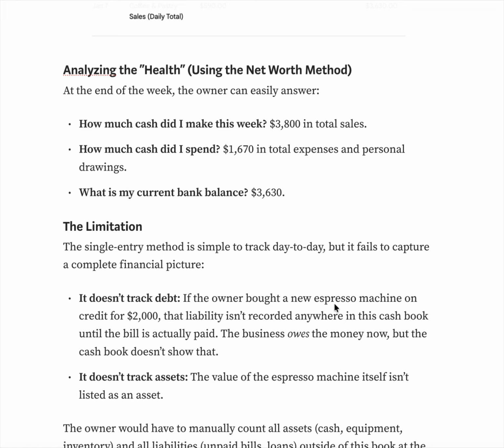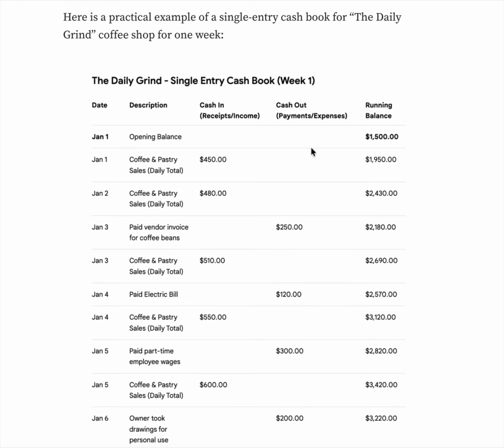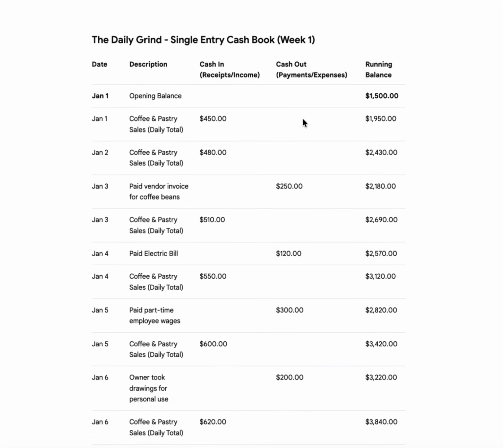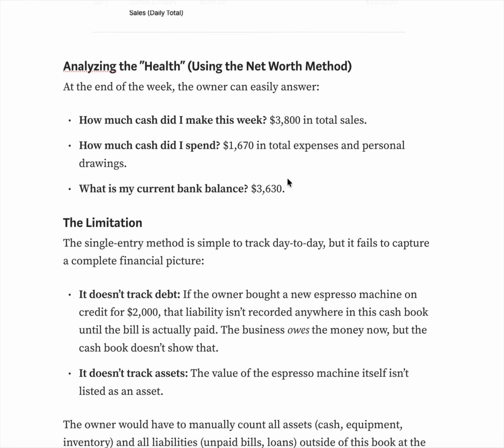The limitation of this single entry system is that you don't have any way to show that. There is nothing in this single entry cash book that tells you what kind of loan you took or what kind of assets you have. So these are the limitations of the single entry bookkeeping system.